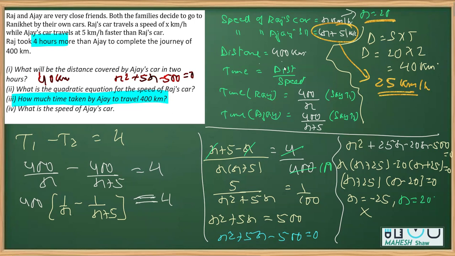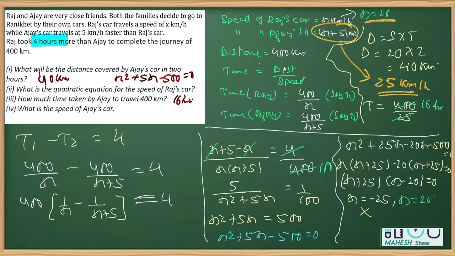Time is equal to distance upon speed. The distance is 400 and the speed is 25. We can reduce it: 25 one times is 25 and 25 sixteen times is 400. So time is equal to 16 hours. We got the answer for the third part as 16 hours.